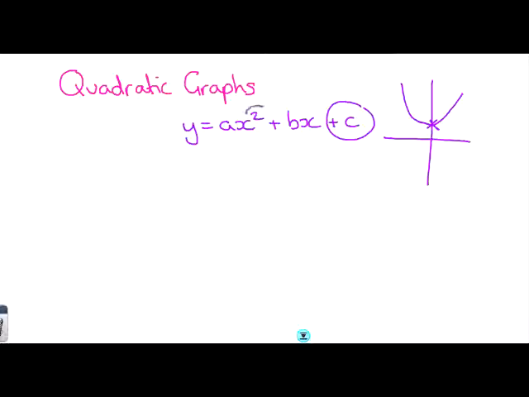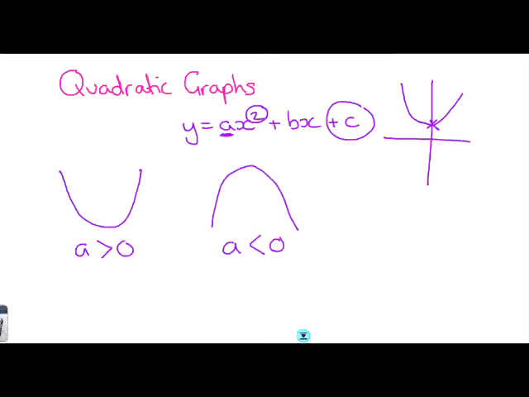As soon as we have this quadratic, our graph is either going to be this way up or this way up. And the way we tell that is looking at the coefficient of the x squared. So if a is positive, so let's say a is more than 0, we can't have 0 because it would be a linear graph. And here, if a is less than 0, it's going to look like that.